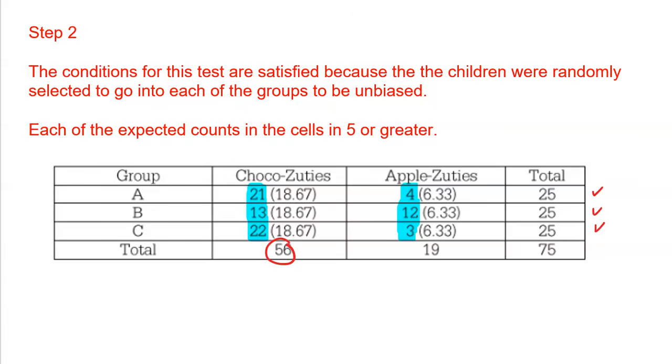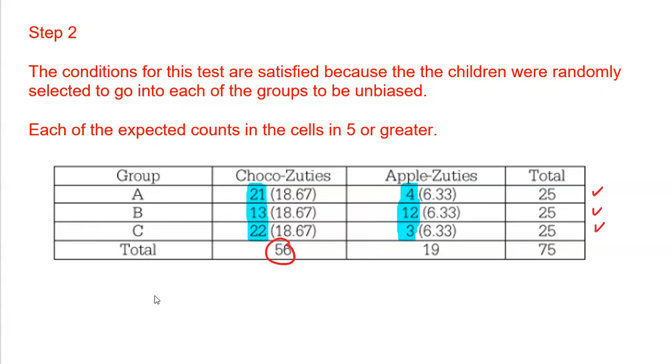And that ended up working out to be 18.67. 56 out of 75 is right about 75%. So again, we should see 75% of each group choosing Choco Zooties. 19 out of 75 is just about 25%. So we should see 25% of each group choosing the Apple Zooties. So that's how I got the 18.67. That is 75% of 25.